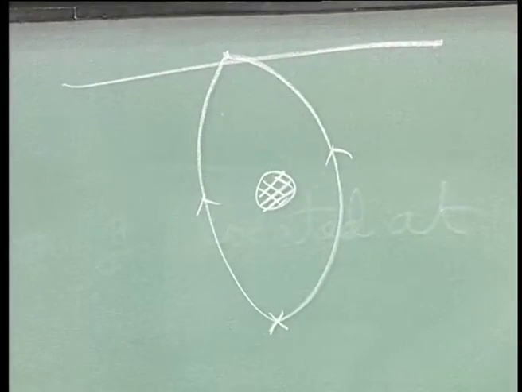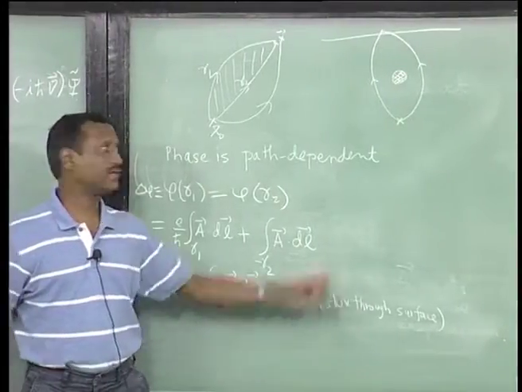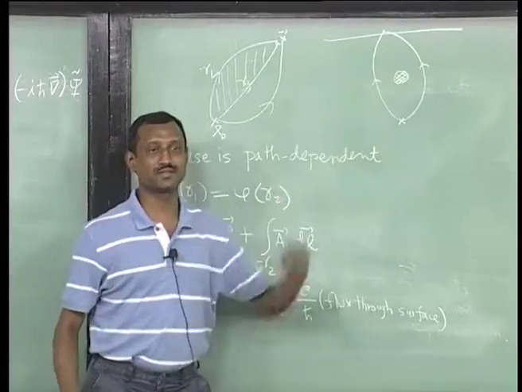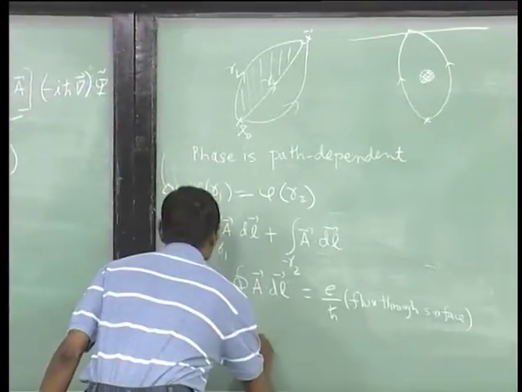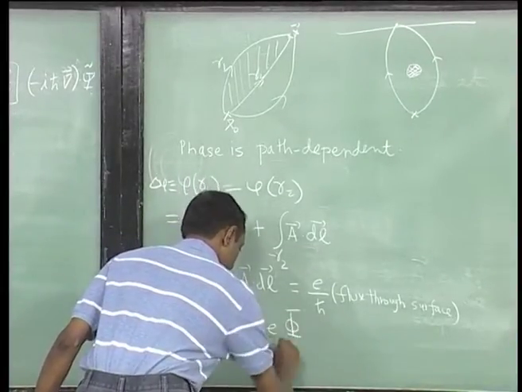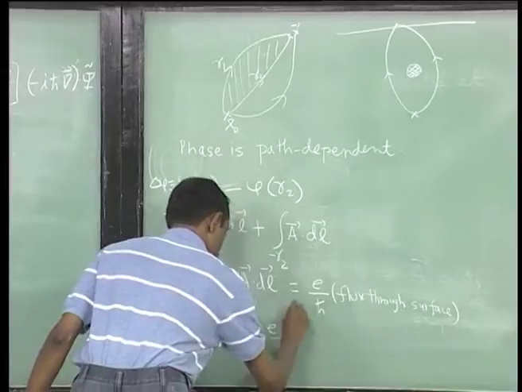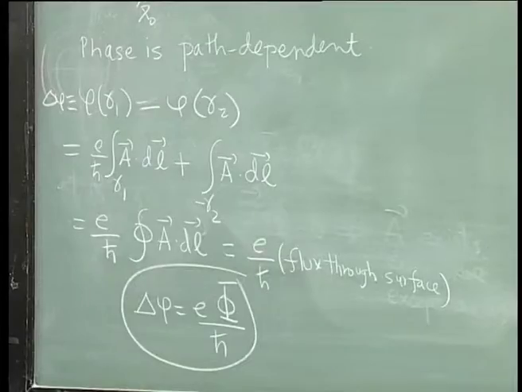Okay, and clearly the phase difference would be e by h bar times this B dot the flux. Okay, so let us just write this: delta phi is equal to e times the magnetic flux.